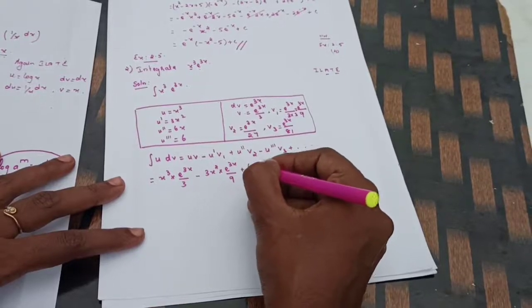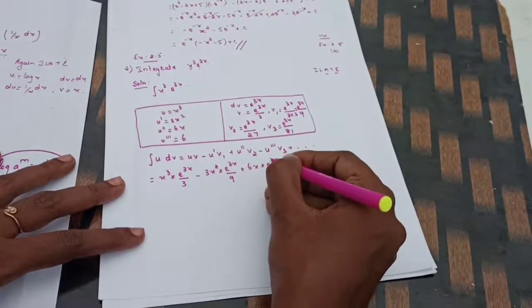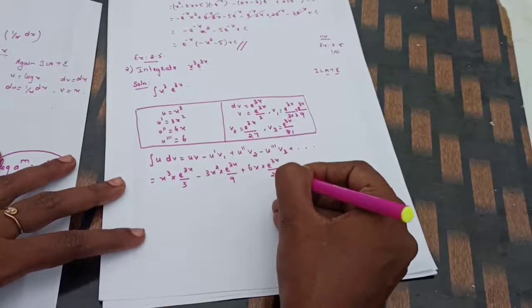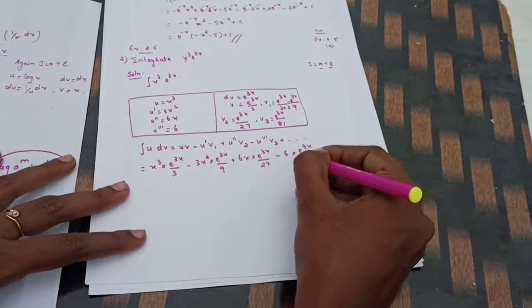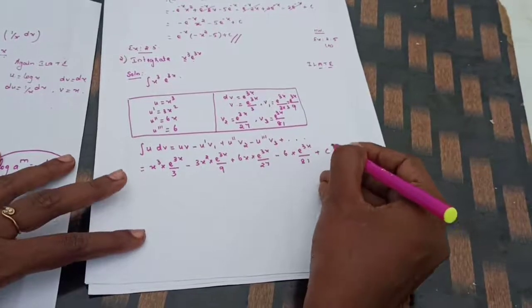Then u double dash means 6x into e power 3x divided by 27 minus 6 into e power 3x divided by 81 plus c. Okay.